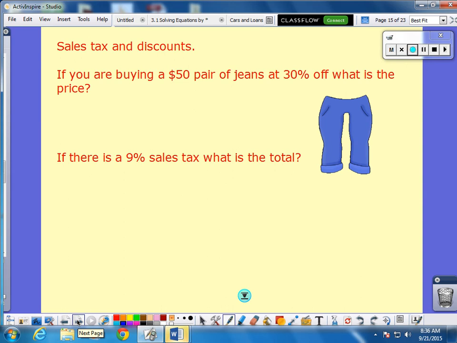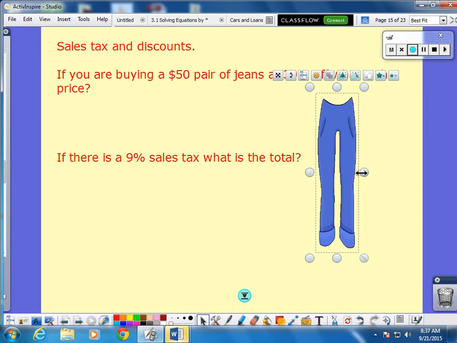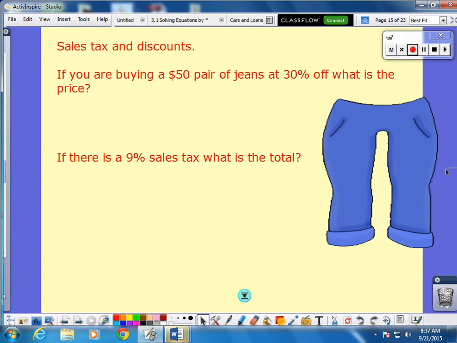Y'all like these jeans? I can make them skinny jeans, I guess. There we go. Since they're $50, we'll make them big. Alright, if you're buying a $50 pair of jeans at 30% off, what's the price?